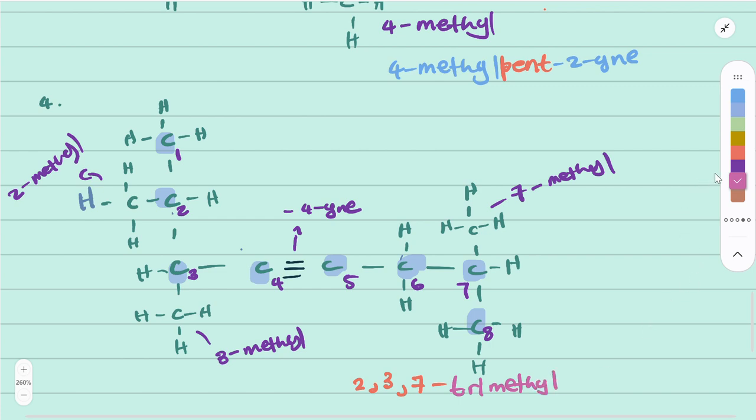And then how many carbons do we have in our main chain? It is 8. 8 is oct, so we say trimethyl oct. And then now our suffix is the one that we prepared over here, which is going to be this guy. We say dash 4 dash YNE. So this is the name of the molecule.